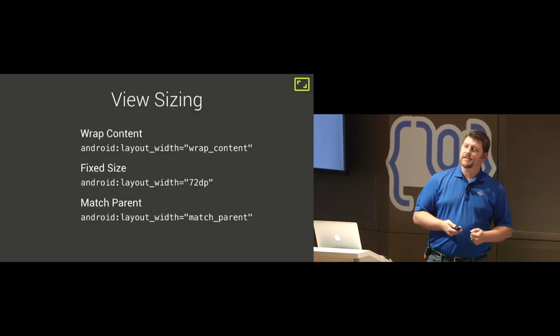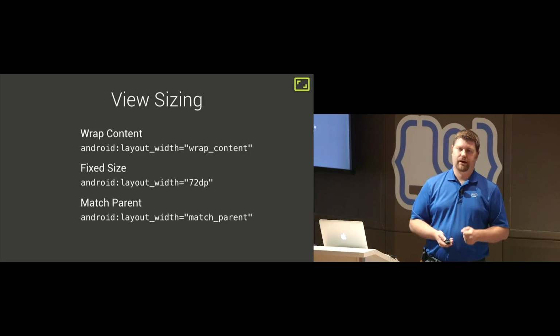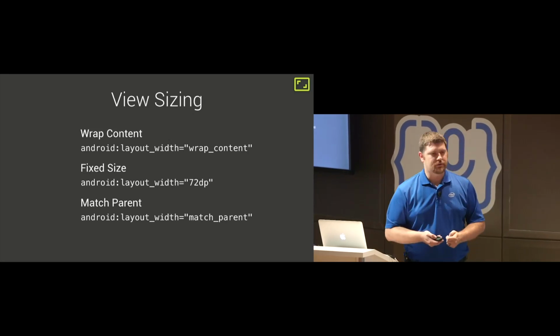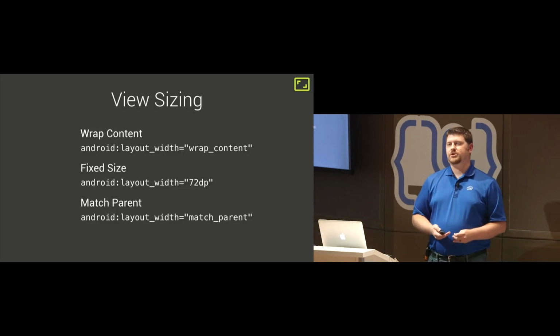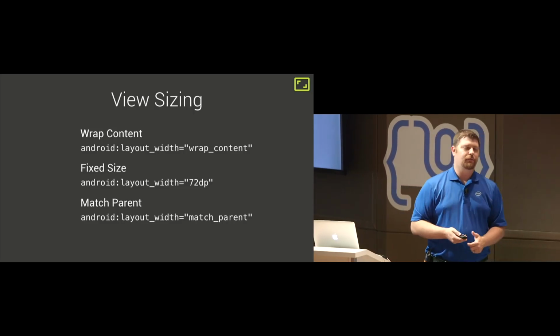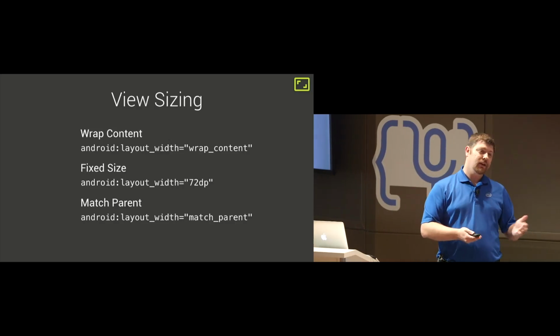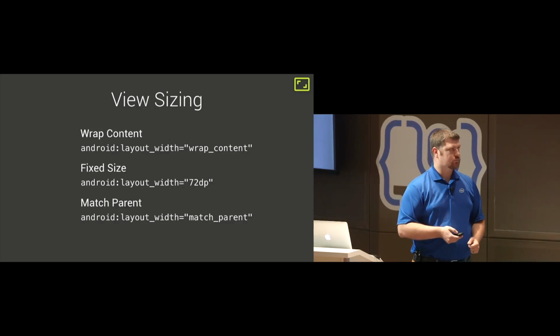You can tell a view that it needs to be fixed size and give it an explicit dimension for its width or height. And you could tell the view to be match parent, essentially telling it that when it's measuring that dimension, it should attempt to measure itself at the same size of its parent container, or at least to fill the available space based on other layout rules.